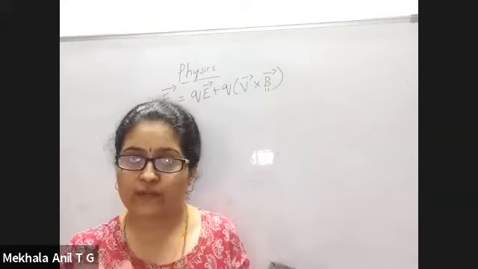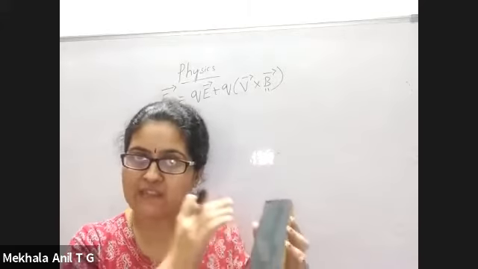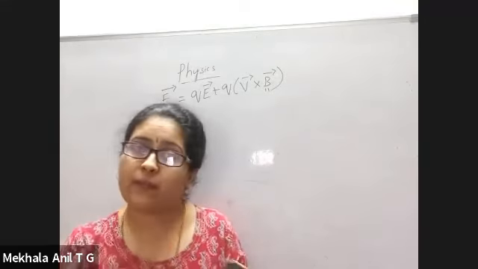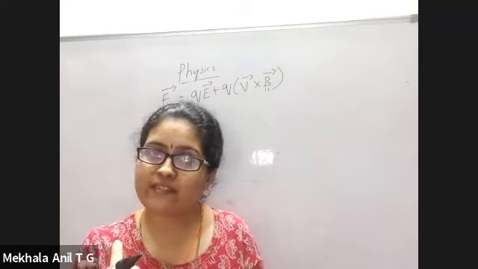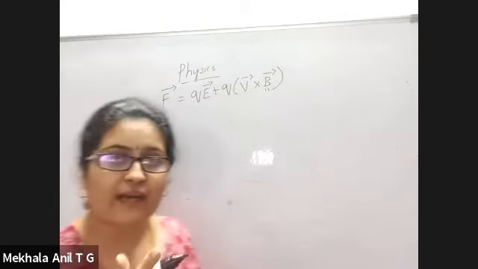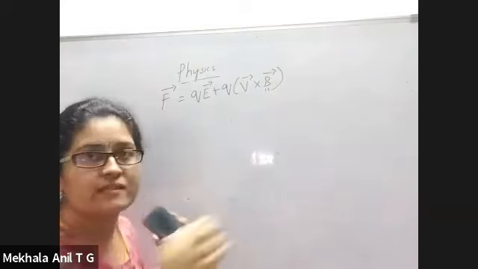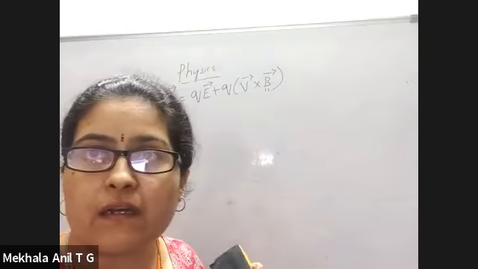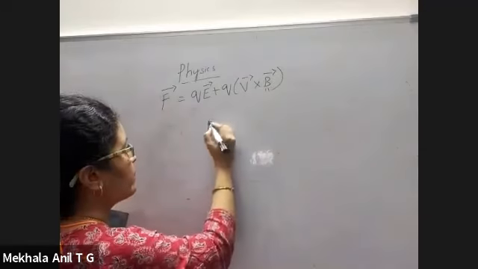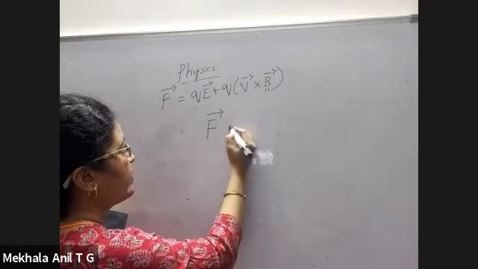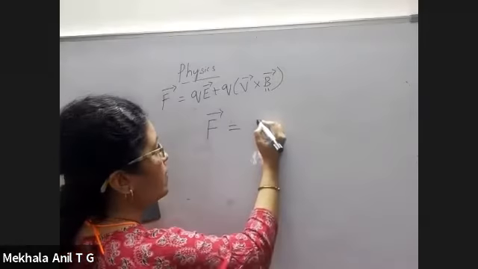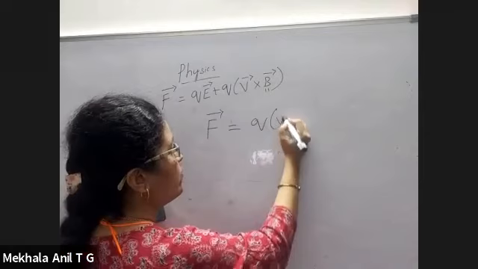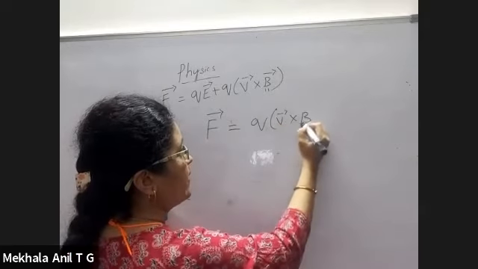When you move a charge in the magnetic field, there will be no work done. So what is the reason behind it? Now, for that, F is equal to Q into V cross B.